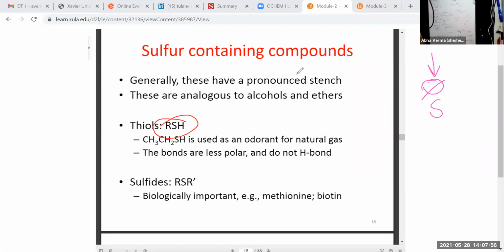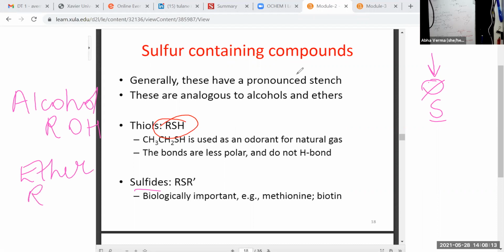If you replace oxygen with a sulfur, that's what a thiol is. What is an alcohol? Alcohol is ROH. What is an ether? It is ROR. So we are just replacing the oxygen with a sulfur.